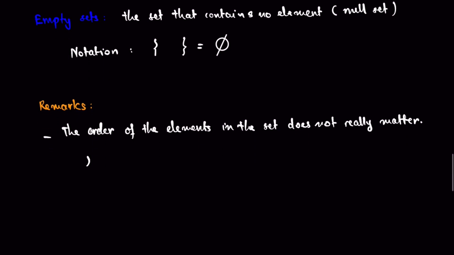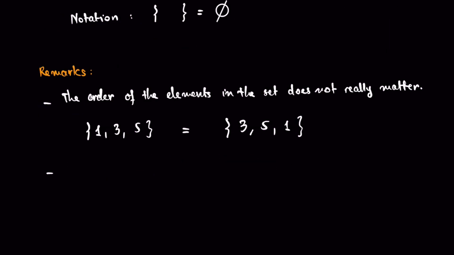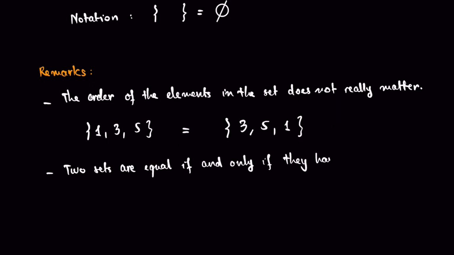That is, you can have the set be 1, 3, 5, and you have another set to be 3, 5, 1. And these two sets are considered to be the same. In addition to the first remark, two sets are equal if and only if they have the same elements, just as you see here in this example.